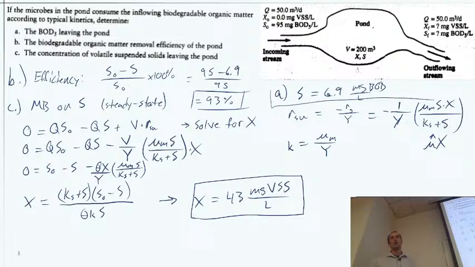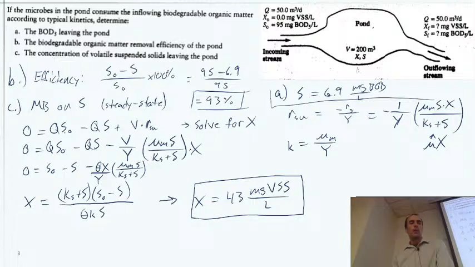And then we're on to part C, where we are doing this mass balance on S at steady state. So we're going to set up to track the changes of S in our solution. Since it's steady state, we have zero accumulation equals what's going in minus what's going out, plus that rate of substrate utilization within that volume.